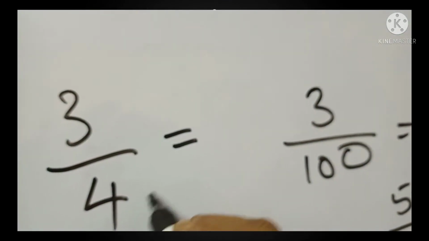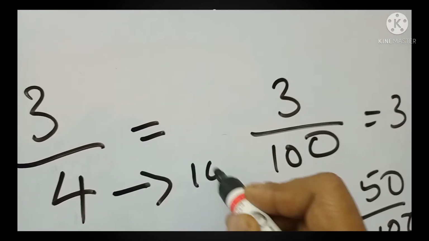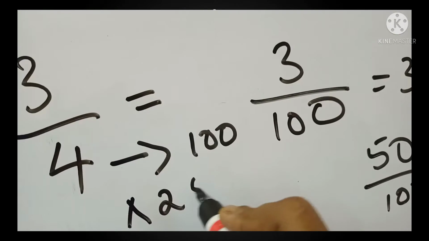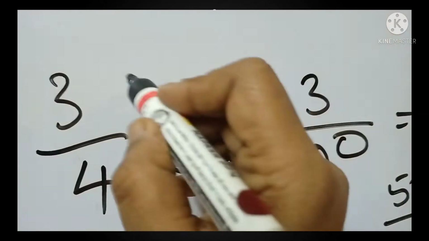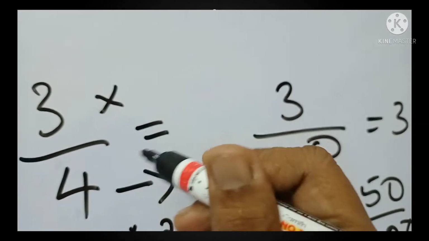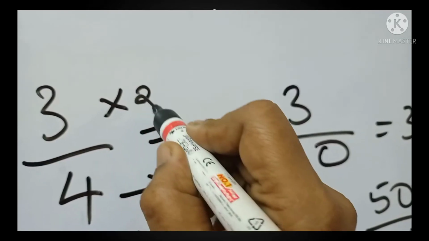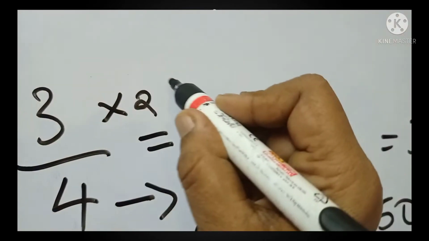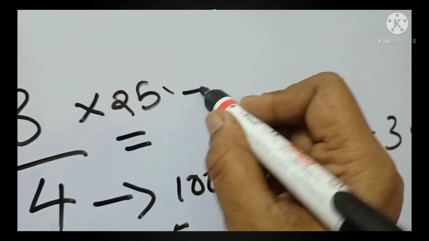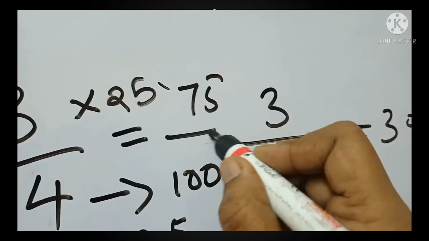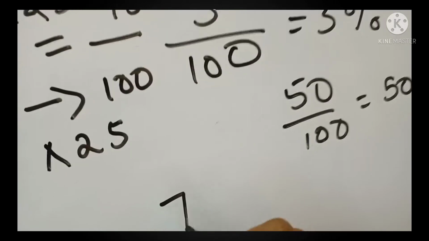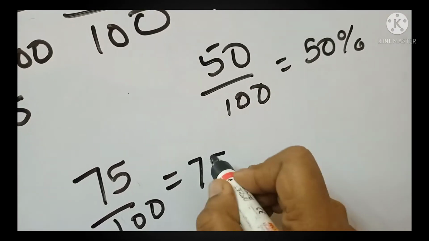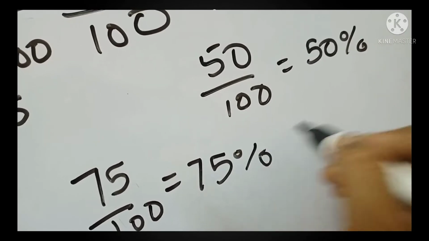We can convert 4 into 100 by multiplying 4 by 25, so we multiply 3 by 25 as well. 3 into 25 is equal to 75. So the answer is 75 by 100, which can be written as 75 percent.